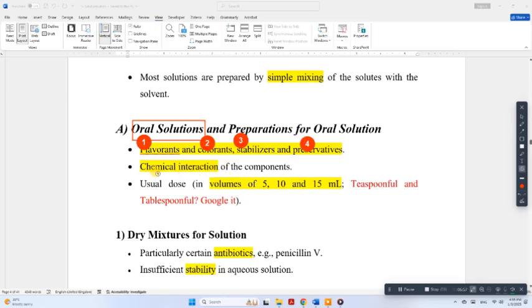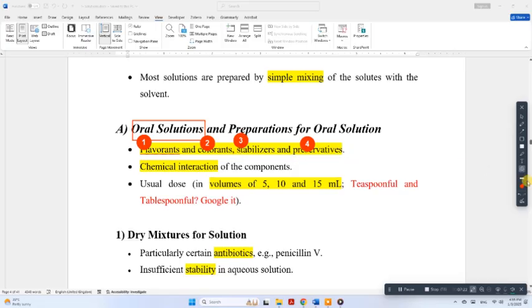Deterioration can happen in solutions: oxidation will make changes, chemical reactions, and crystallization. The compound or the solute in the solution may crystallize out, maybe because of high concentration. In this case, I need a solubilizer to stabilize the solute. And, of course, preservatives may be needed in order to prevent contamination. These are frequently encountered in oral solutions.